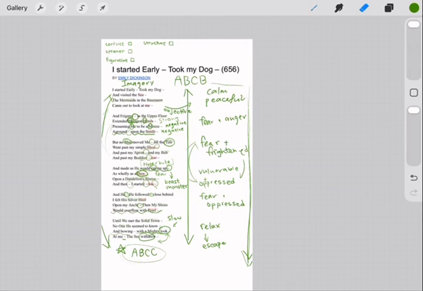First of all she felt calm and peaceful before that process. Then she felt fear and a little bit of anger, then frightened, then vulnerable and oppressed, then fear and vulnerable and oppressed too. Then she's relaxed after escaping.